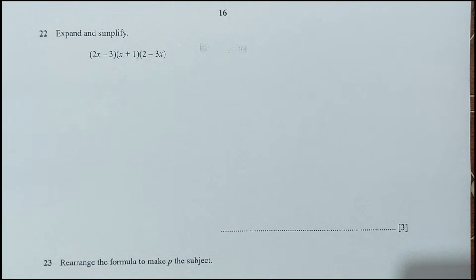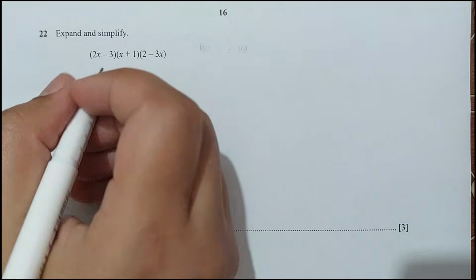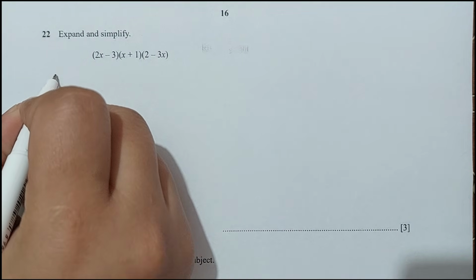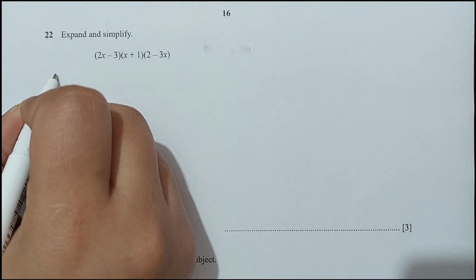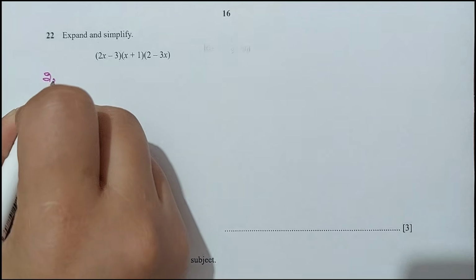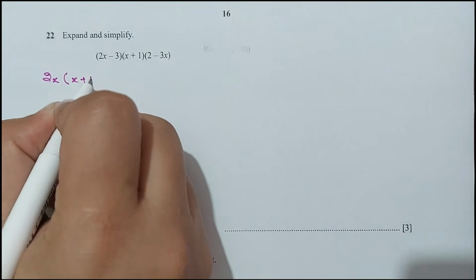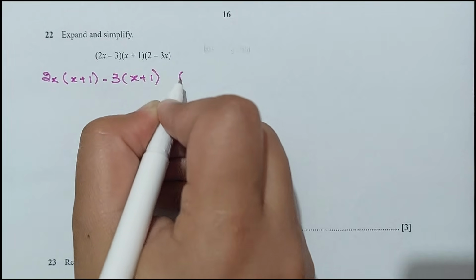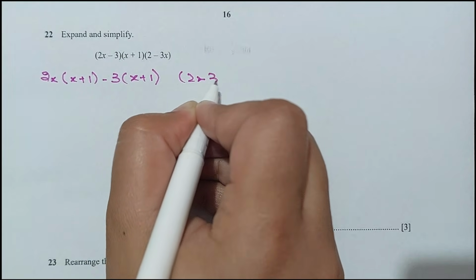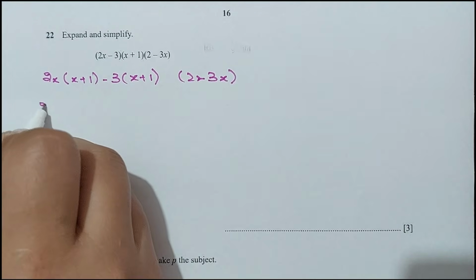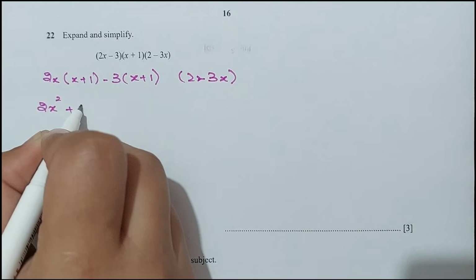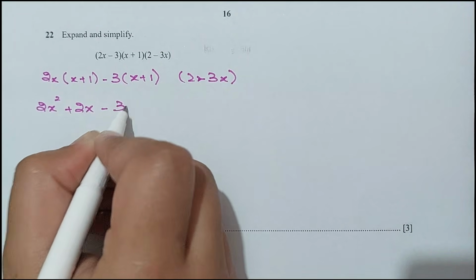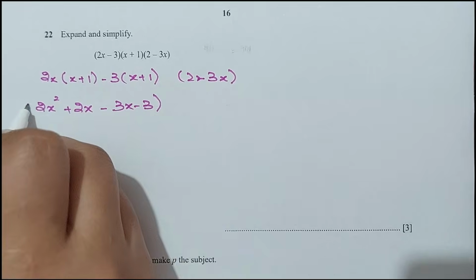Question number 22, expand and simplify. Okay, let me expand this. 2x is multiplying with x plus 1. Negative 3 is expanding to x plus 1. And the third bracket, 2 minus 3x, stays the same. This is 2x squared plus 2x minus 3x minus 3.